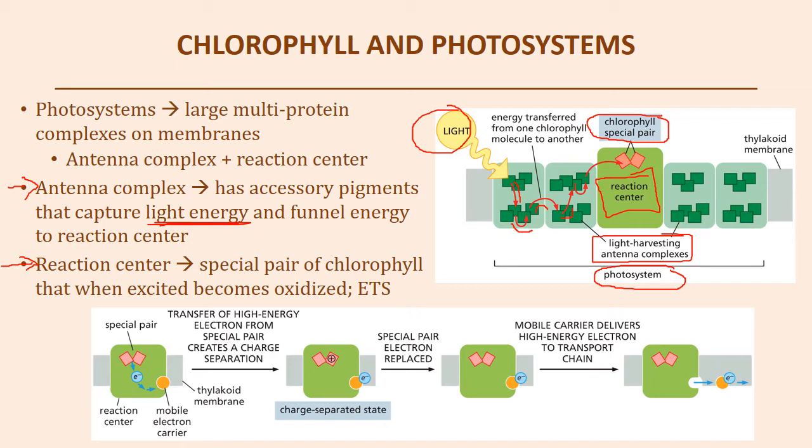The next step is the part where we take a look at the picture below us. So go ahead and take a look. The special pair in the reaction center is interacting with the energy from the sunlight that's been bouncing down the antenna complexes. We see a transfer of the energy into our electrons and our electron carriers.